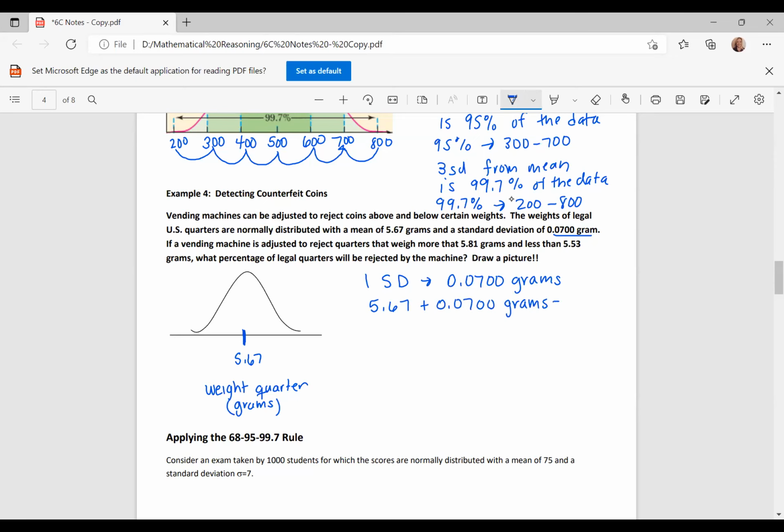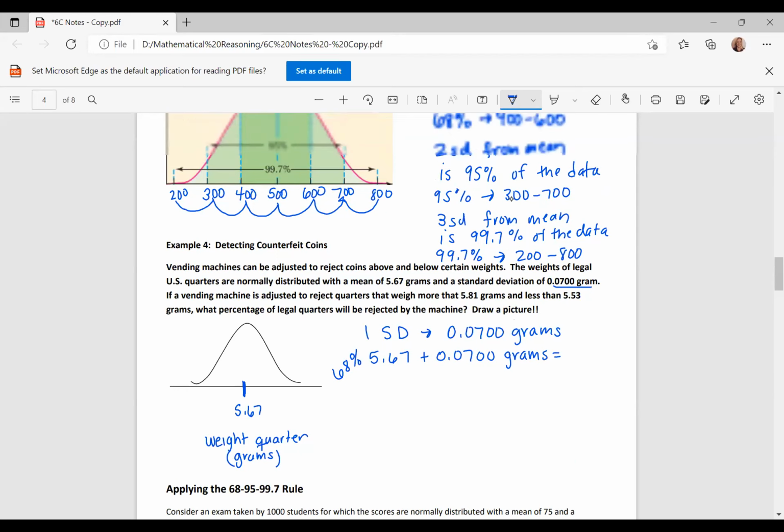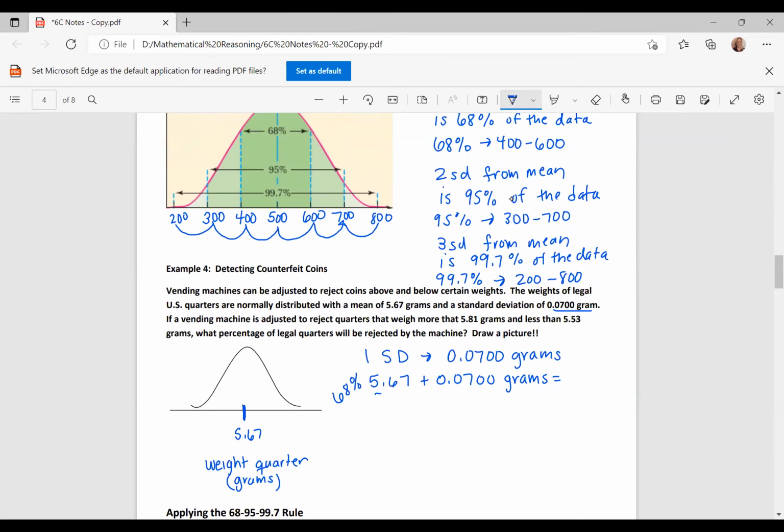This is going to give me 68%. And then I also want to do 5.67 minus 0.0700 grams. Now you can leave the front zeros off and the back zeros off if you want to. It just might help you keep up with it a little bit better if you include them.